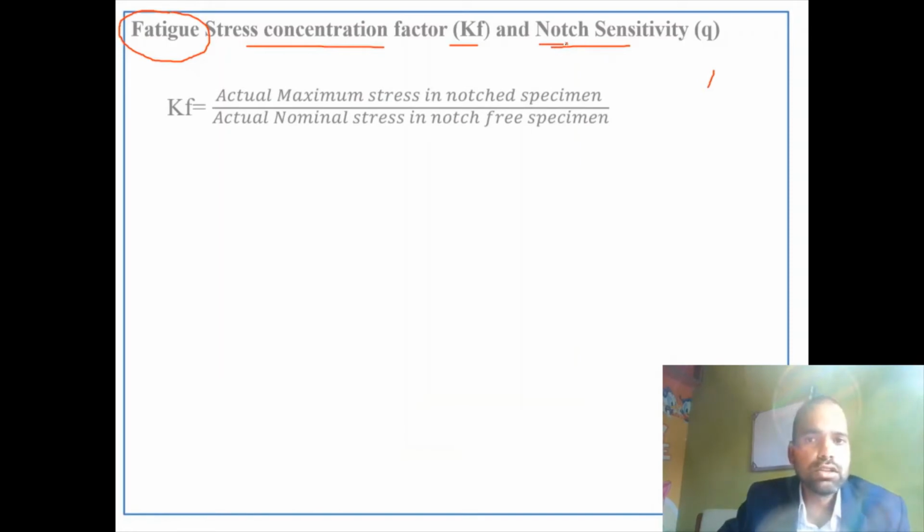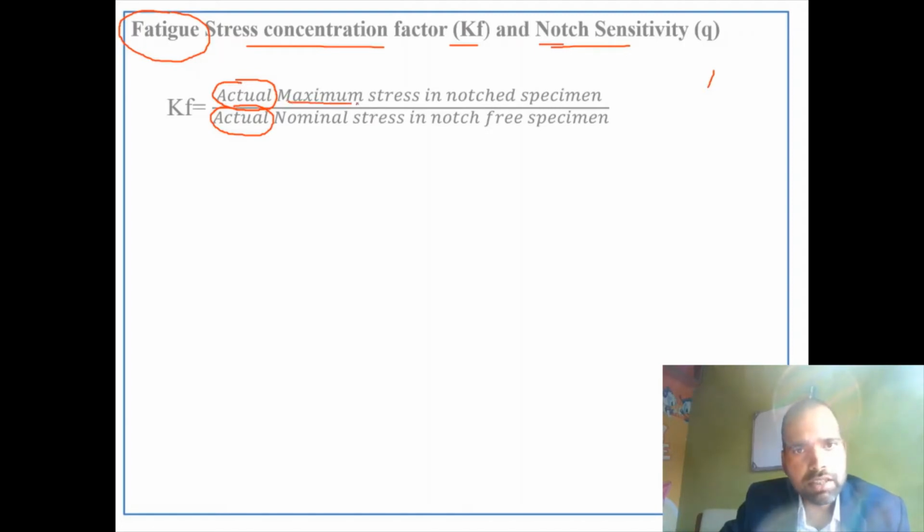The fatigue stress concentration factor, as compared to the theoretical stress concentration factor, gives us actual values. Whenever a component is subjected to stress concentration, we calculate the theoretical stress concentration, and after manufacturing the component and testing it for fatigue loading, we calculate the actual value of the stresses.